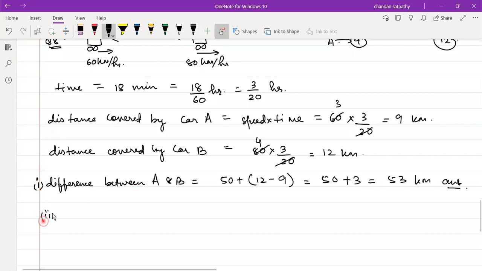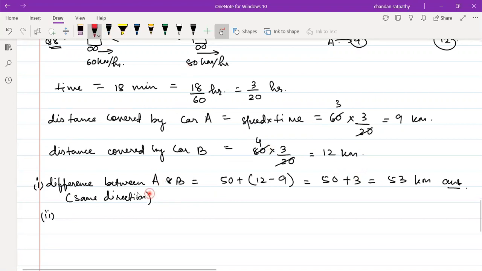Now bit 2. Next we will do bit 2. The difference between A and B in the same direction requires subtraction.